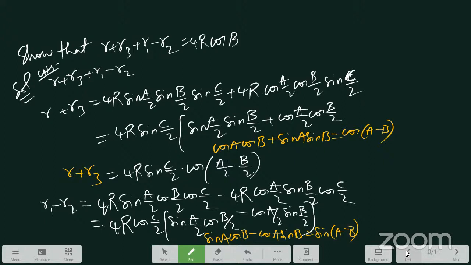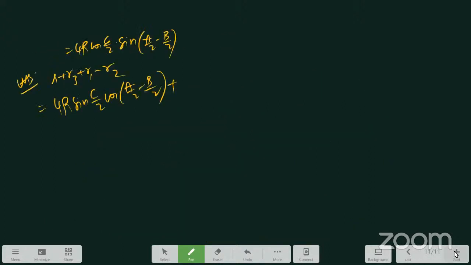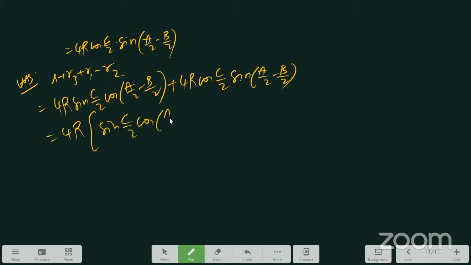That is 4R cos C by 2 sin of A by 2 minus B by 2. Now take 4R common. Then sin C by 2 cos of A by 2 minus B by 2 plus cos C by 2 sin of A by 2 minus B by 2.